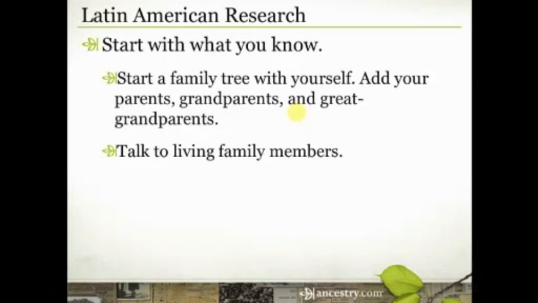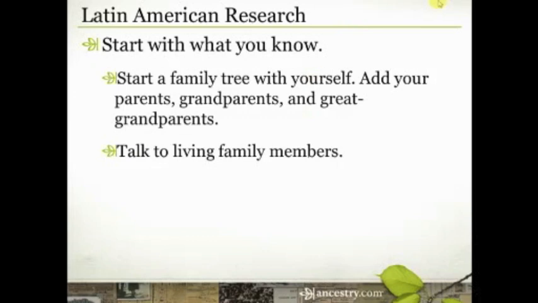One of the challenges with Latin American research, which is actually common to British research, is that there's not a very big variety of names. You're going to have a lot of similar surnames, a lot of similar given names, and so the more information you have, the more likely you are going to be able to tell people of the same name apart, particularly when they're living in the same area and are possibly even first and second and third cousins who've grown up around each other.